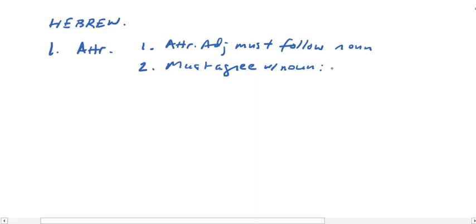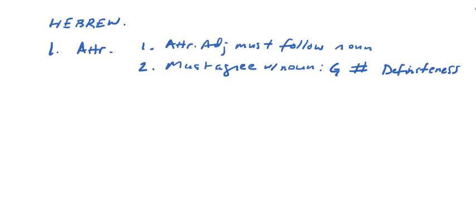In Hebrew, it's gender, number, I'm abbreviating these, and definiteness. That is to say, is there an article on the noun? If there is, then there must be an article on the adjective. Is the noun lacking the article? Is it anarthrous? Then the adjective must be anarthrous as well.